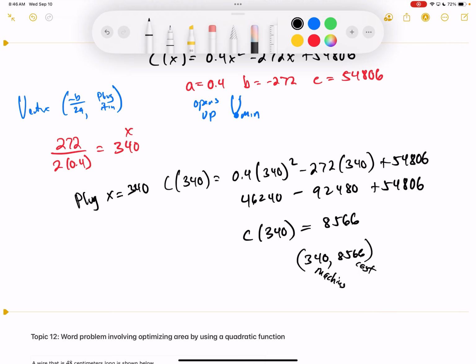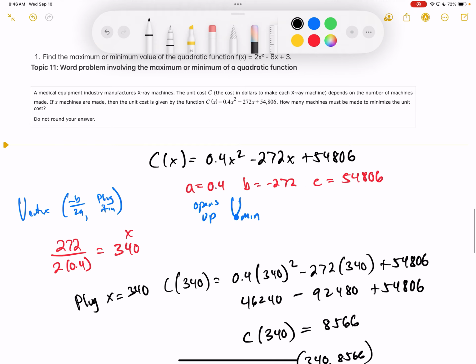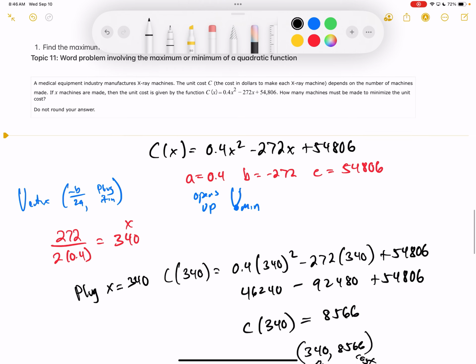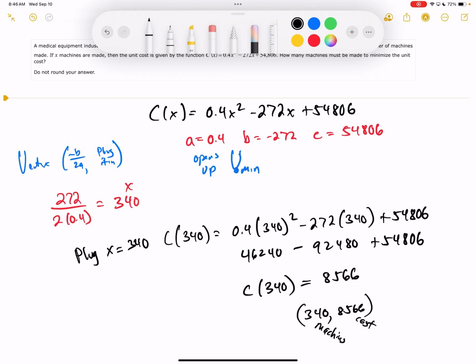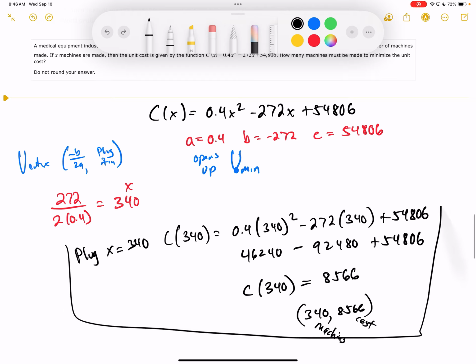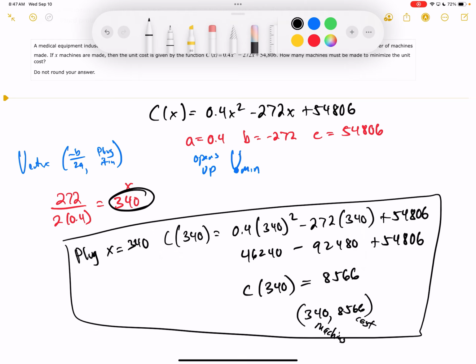So we might only need to do the x part of that. I don't have that one pulled up, but x is the machines, right? The cost in dollars to make each x-ray machine depends on how many x machines are made. So x is my machine count. So we didn't have to do all this. My bad. Really, we just need this number right here.